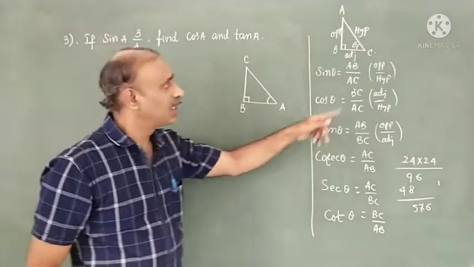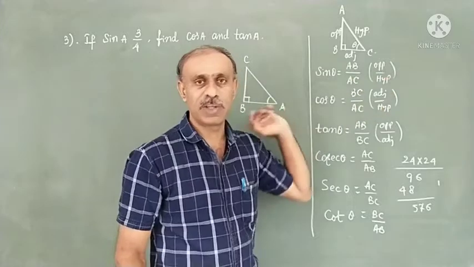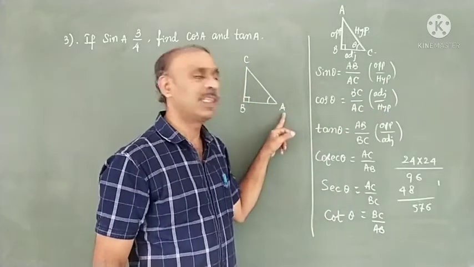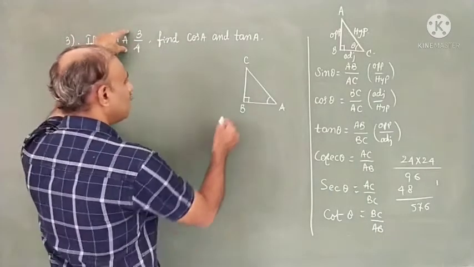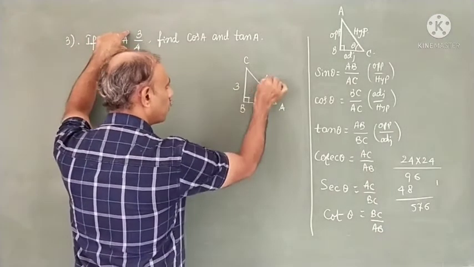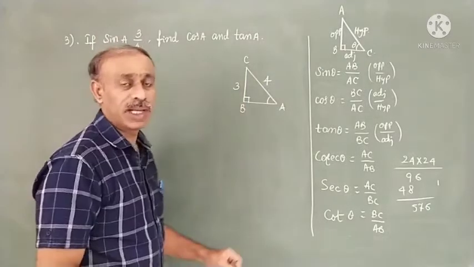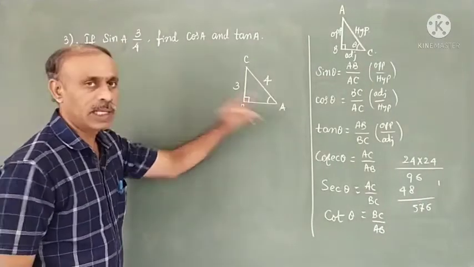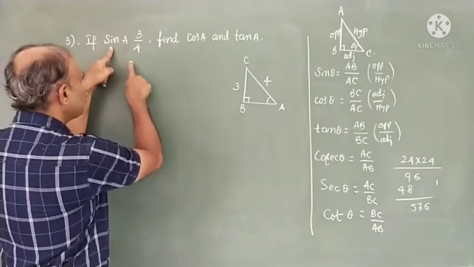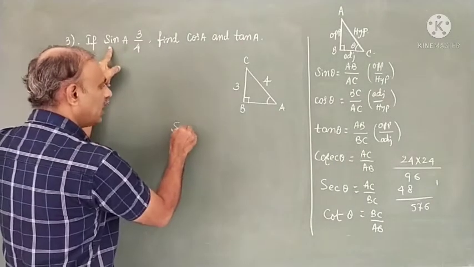What is sin? Sin means opposite by hypotenuse, with respect to acute angle A. They have given sin 3 by 4. Clear?